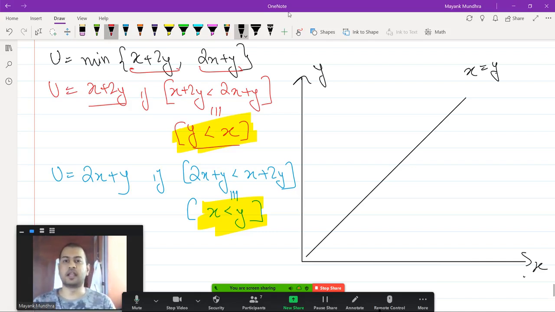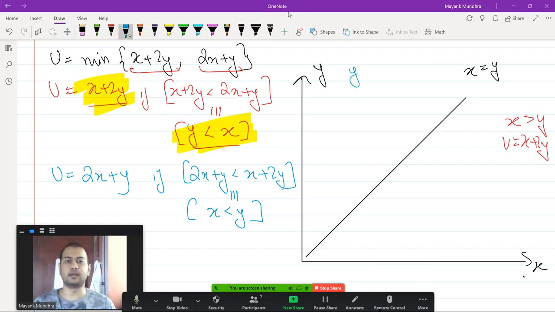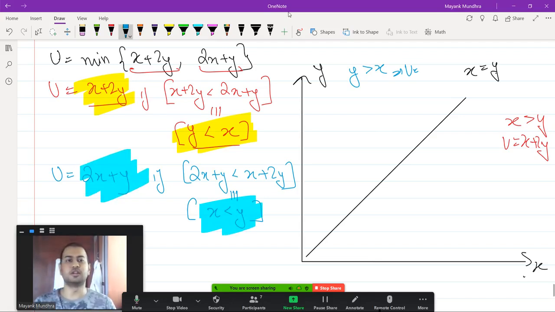The right region, as I've already pointed out, is x greater than y. Remember that in the right region utility will be equal to x plus 2y. In the left region you have y greater than x, so utility will be equal to 2x plus y.